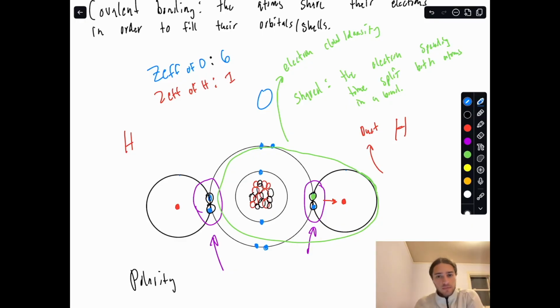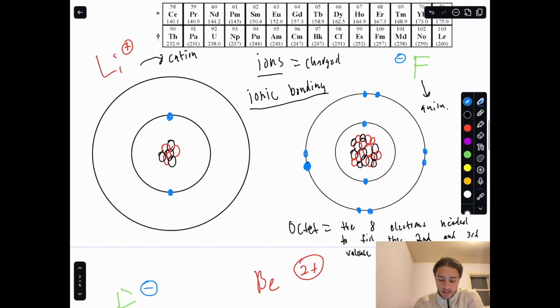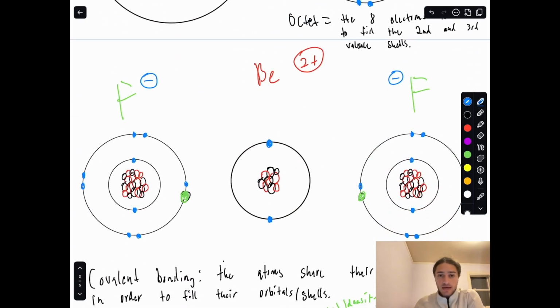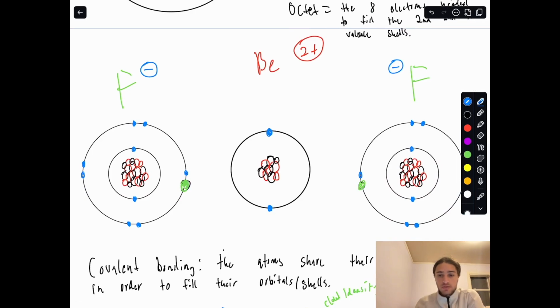And there's another important concept here. Remember what happened in an ionic bond, right? We permanently gave away an electron from one atom to another. So that's a super unequal sharing. In ionic bonds, it's so unequal that you end up with permanent charges.